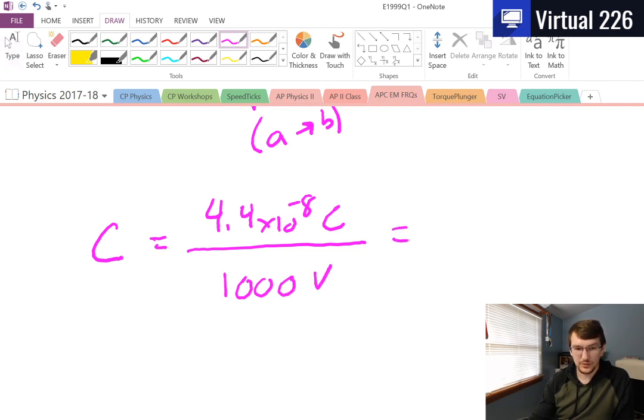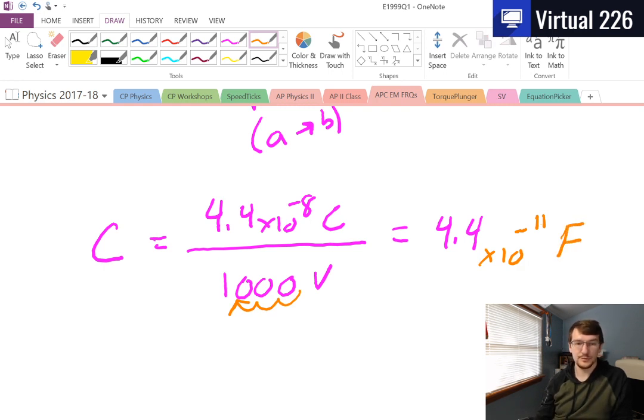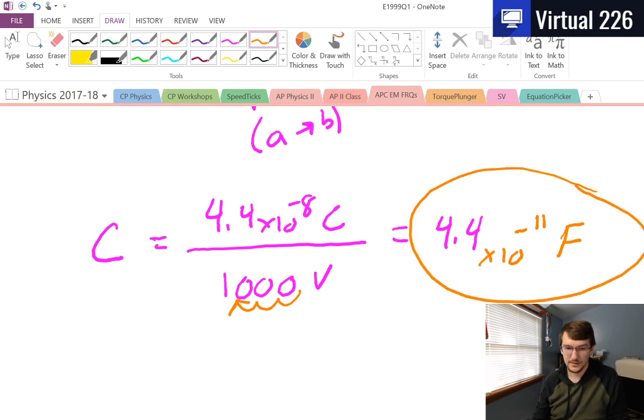When we do this, we get 4.4, because that's like 4.4 divided by 1. And since we got 1, 2, 3 zeros in the denominator, when we bring that to the numerator, that's going to make that negative 8 smaller. So it's going to be times 10 to the negative 8, 9, 10, 11, negative 11th. And those are in farads. Okay? So that's a quick way we can do that right there.